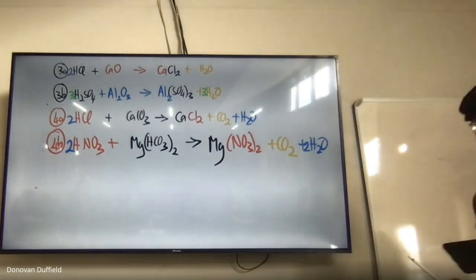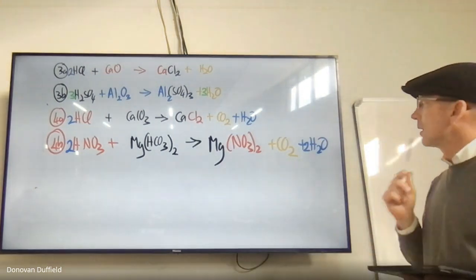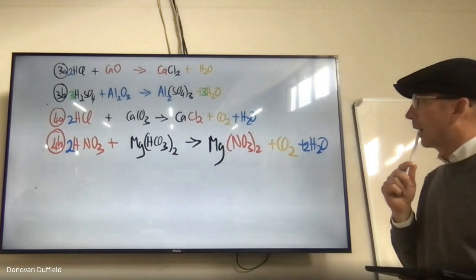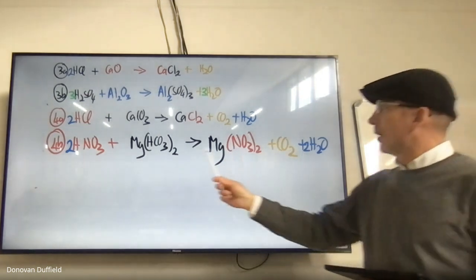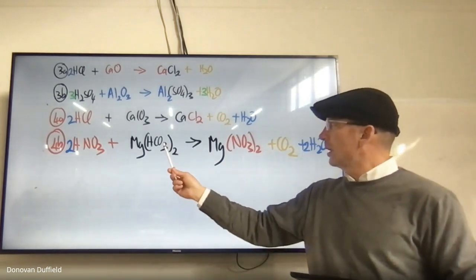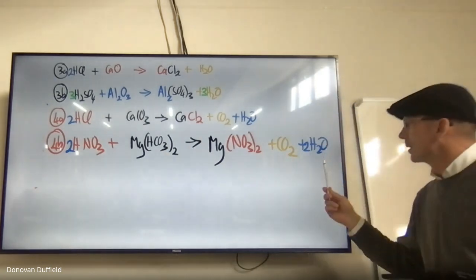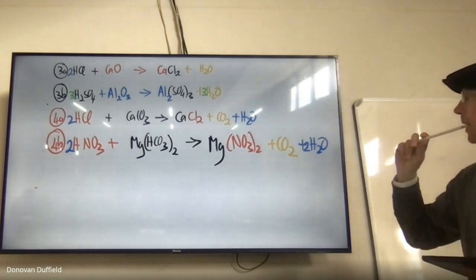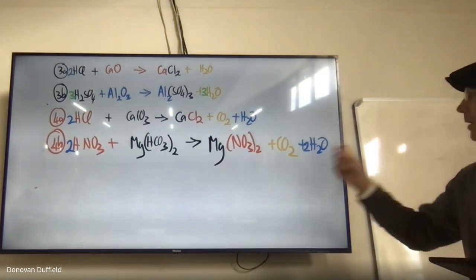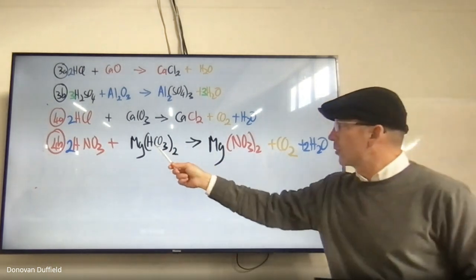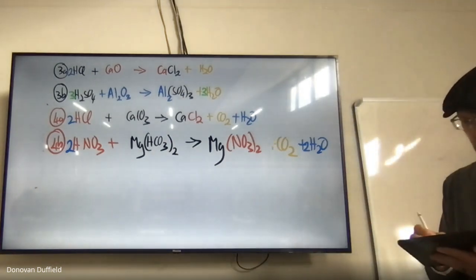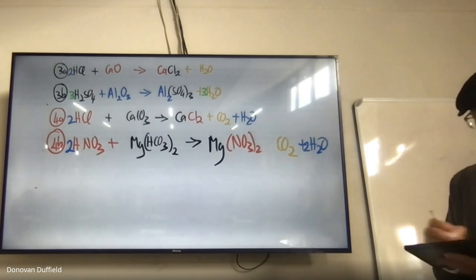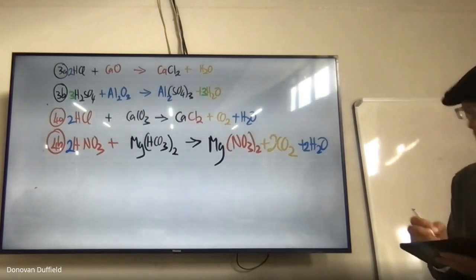Which means now, NO3s are on their own, look at the oxygens. 2 times 3 is 6. And you see I've got 2 carbons here, so I'm going to need 2 CO2s.